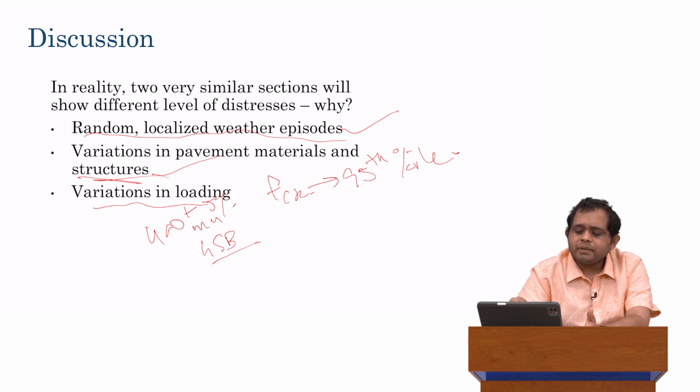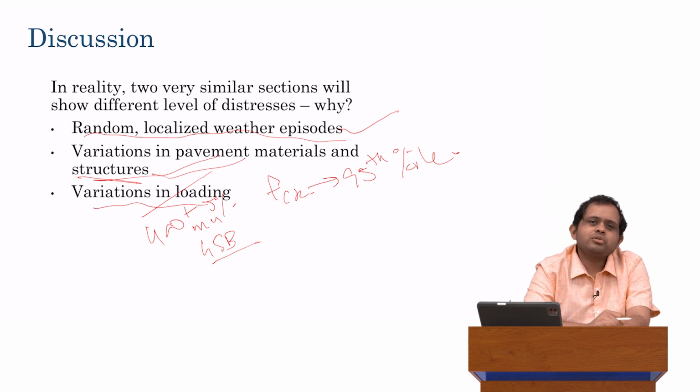And pavement materials and structures, it's very difficult to predict how these are changing on the field because it really varies by individual construction case, the contractor, the type of contract, how it's being executed, lots of sources of variability. And similarly in loading, it's just impossible to say what the road is going to be used for in the future with a great deal of certainty. There's going to be a fair amount of uncertainty in all this.